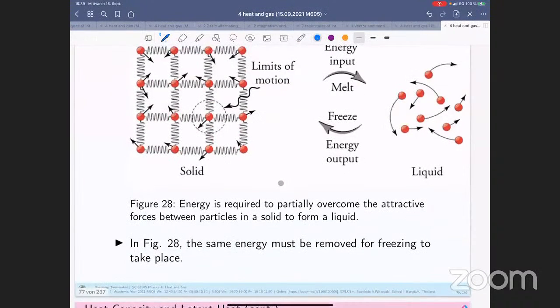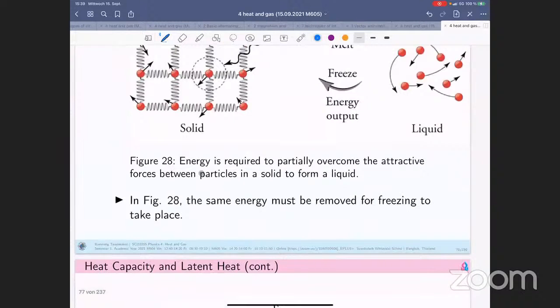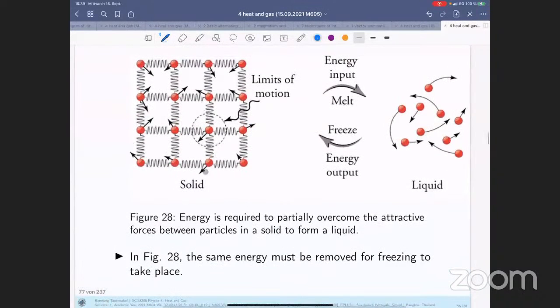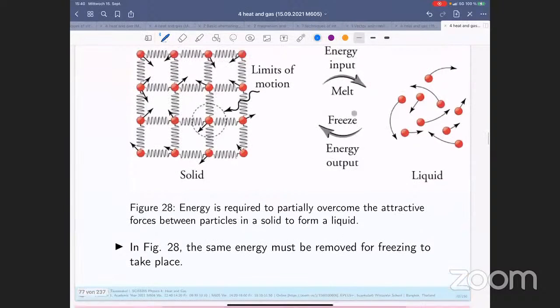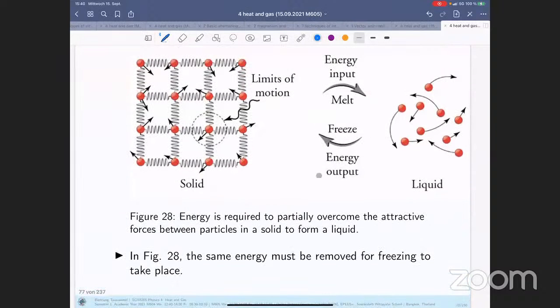The reverse process is called the freezing process. You take the heat out of the liquid and get the solid phase instead. The same energy must be removed for freezing to take place; you use the same latent heat value.